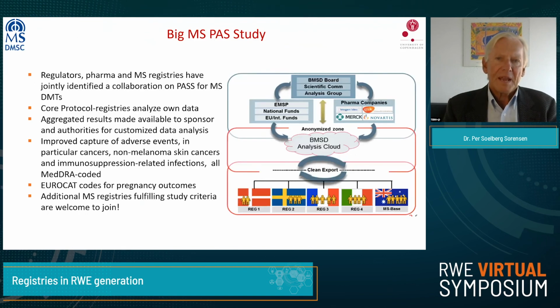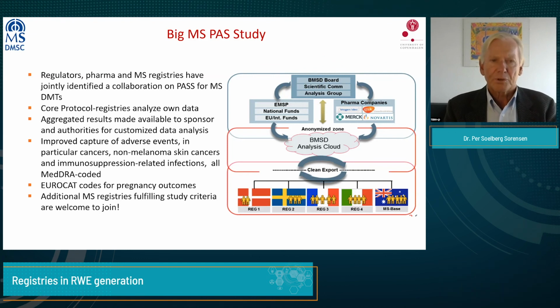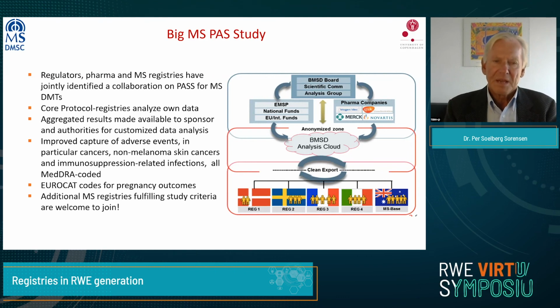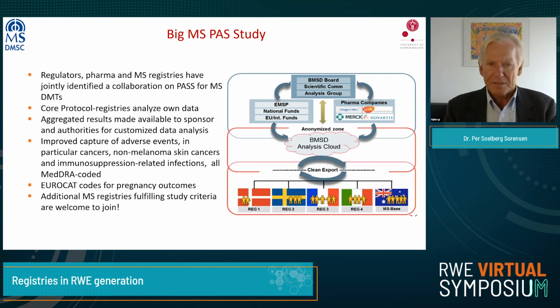A very big MS PASS study has just been initiated. And regulators, pharma, and MS registers have jointly identified a collaboration on PASS for MS disease-modifying therapies. So the core protocol registers analyze their own data. And then the aggregated results are made available to sponsors and authorities for customized data analysis.